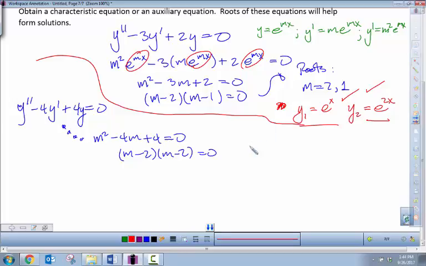According to our solutions, we got y equals e to the 2x. y equals, well, it's the same solution. Clearly, they're not linearly independent, right? So we can't repeat the same solution. So what do we do? We use a technique from last time to come up with a second solution.